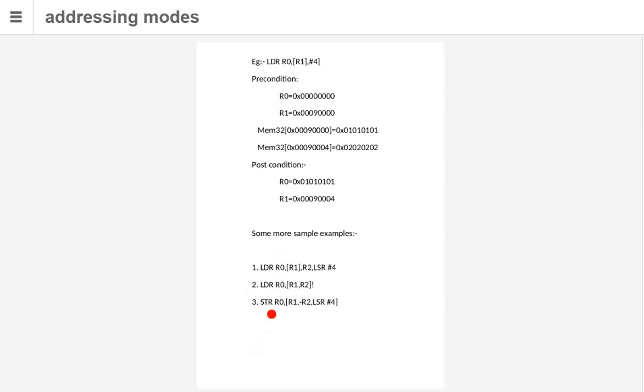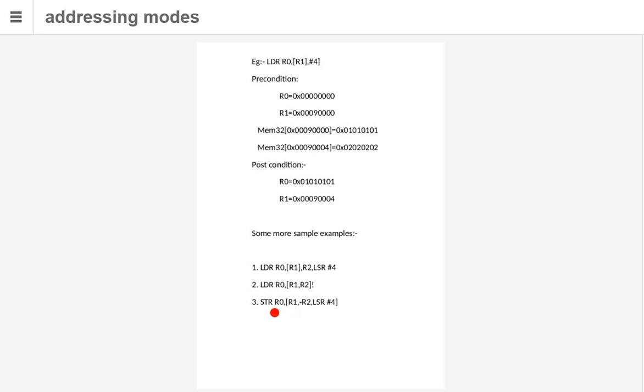But when it comes to STR, the copy is from R0 to the address location. So here the address location you get by performing logical shift right on R2 four times and then subtracting that from R1. That will be the destination for you to store the R0 value.